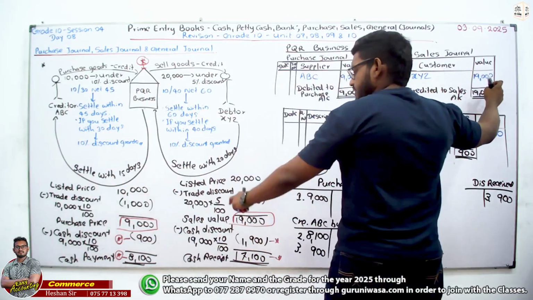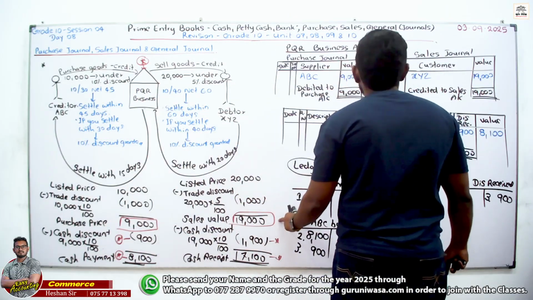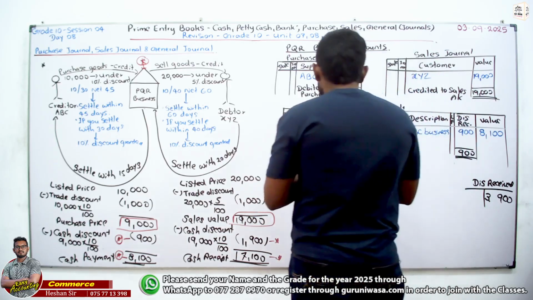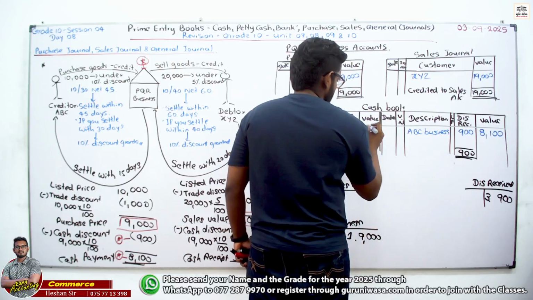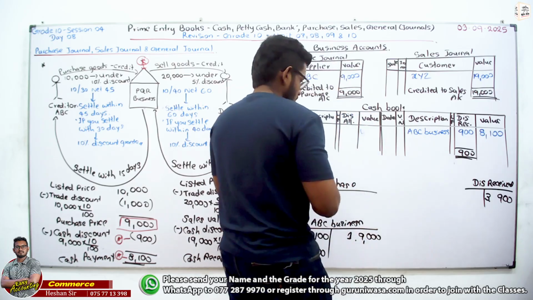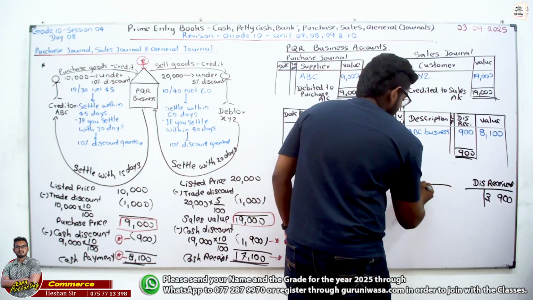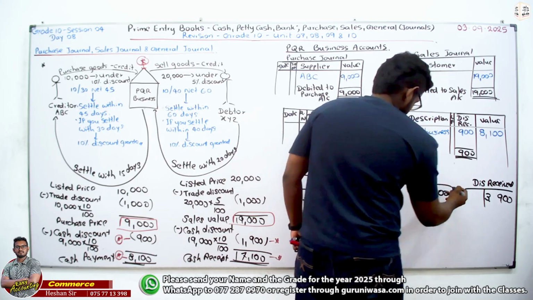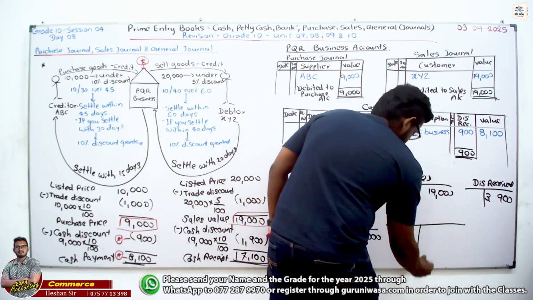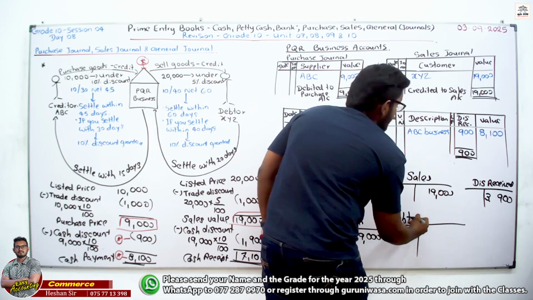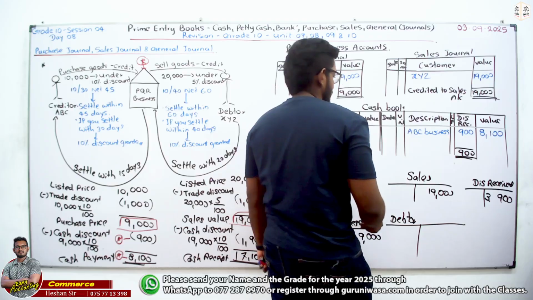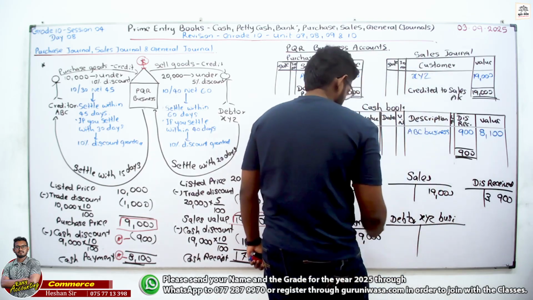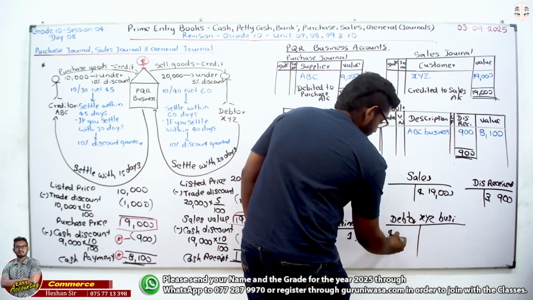Now you can see I sold 19,000 worth of goods after deducting from the listed price, 19,000. But I'm receiving only 17,100. Why? First of all, let's record the double entry. Sales account credit 19,000 and debtor XYZ business debit 19,000.